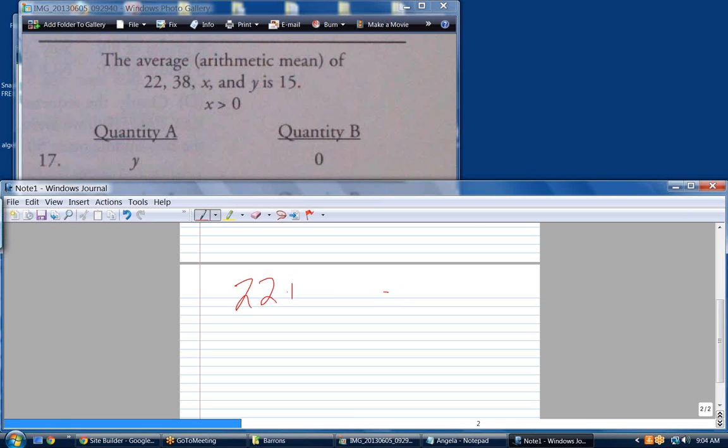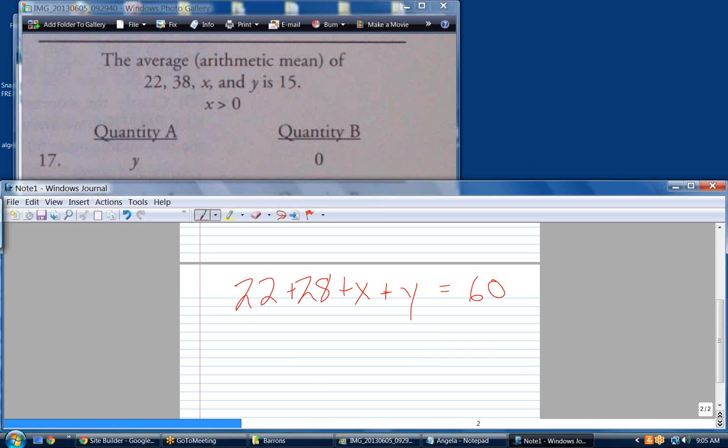I have 22 plus 28 plus x plus y, divided by 4 equals 15, therefore equals 60. Think about this for a moment. I'm trying to read their answer. The answer is B.